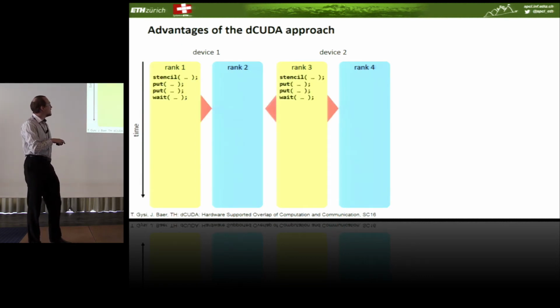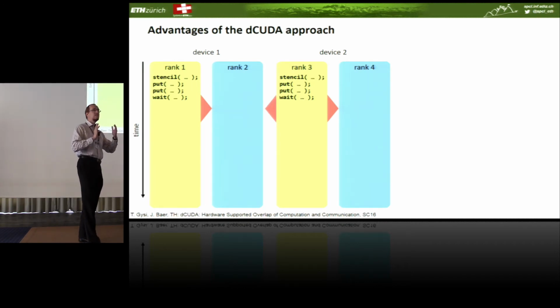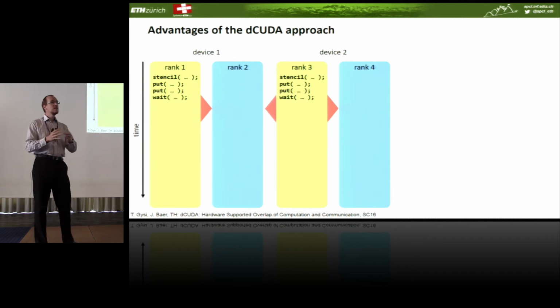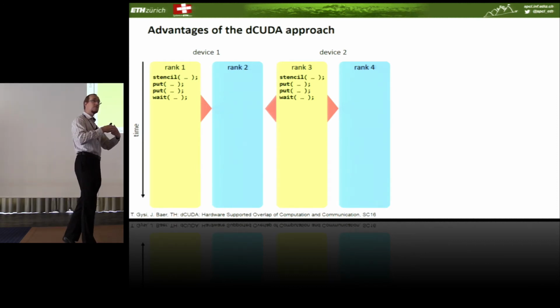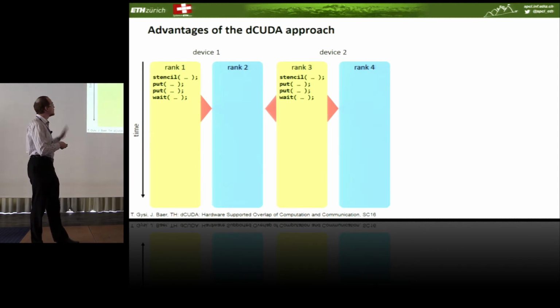So the nice piece is that each of these blocks is in fact pretty much equivalent to an MPI rank, which means it doesn't matter how many you have, you still have one programming model. Even within the same GPU, you communicate through the MPI, through the distributed memory interface, to your neighboring ranks, right? And so it's one global programming model. You don't need to worry about shared memory and everything else. It's just magically happening.